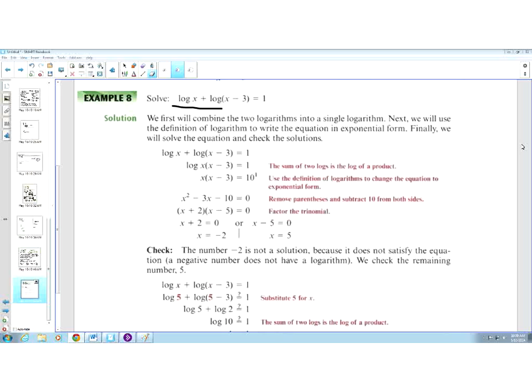For absolute value, I'm not going to consume too much class time, but I want you to take a look at this link.